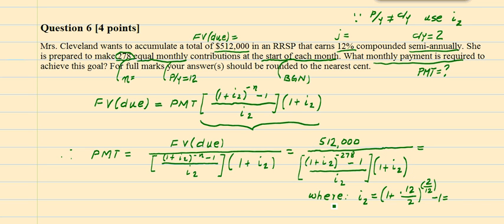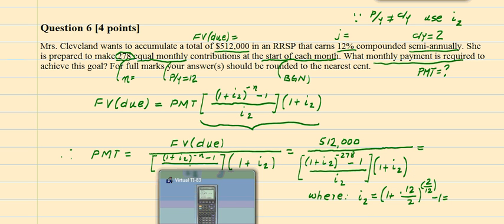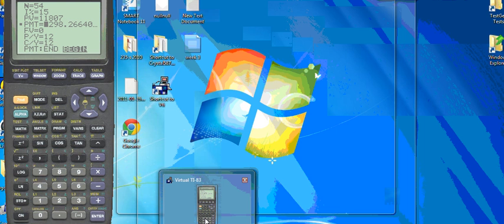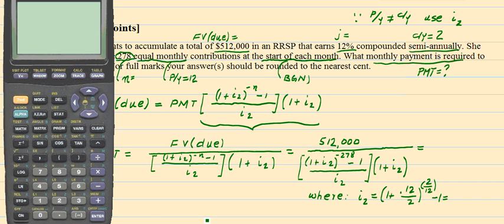And now we have to just show calculation for I sub 2. So if we grab a calculator and do the calculation for I sub 2, I'm going to just reuse what I had before.